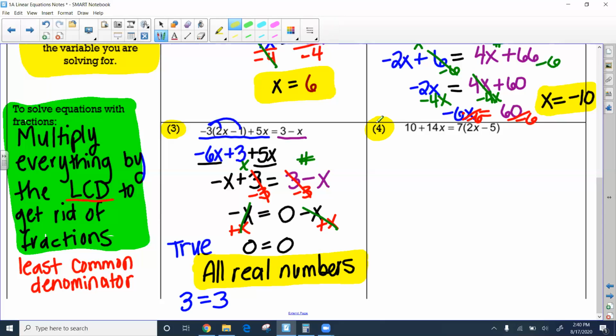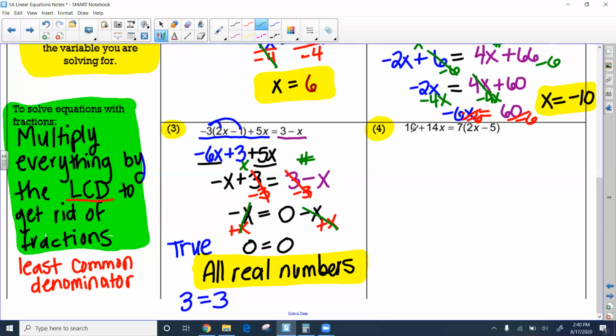So write down this example, 10 plus 14x equals 7 times the quantity 2x minus 5. All right, so by looking at this, we don't know that this is a special case. So we're just going to proceed like we normally would.